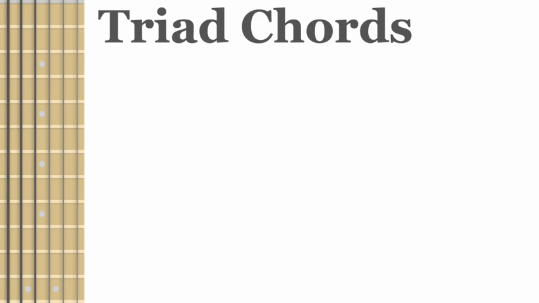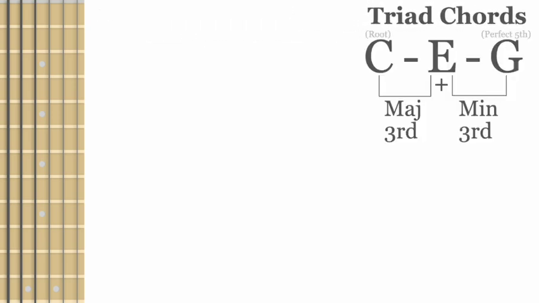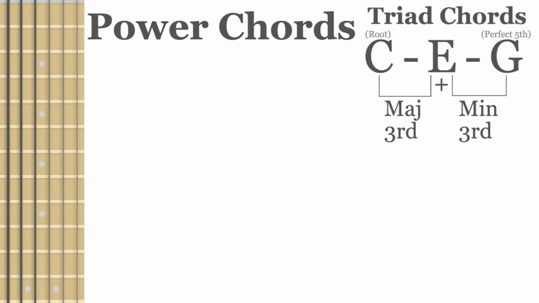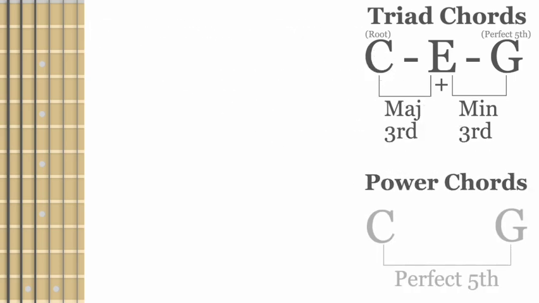If we talk about our triad chords, we're going to do a comparison here between our triads, which are our three notes, our major chords or our minor chords, and we get that from the third, right? In this case, we're looking at the C major chord, and we get that major feel because of the E. But when we look at power chords, we don't really have that third anymore.